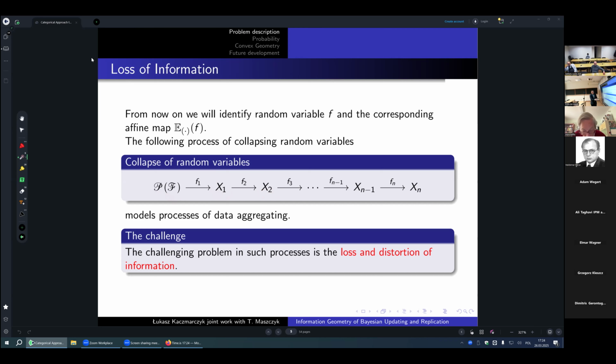Yes, every one of F is an affine map, but this first one is necessarily of this type, while these are just affine maps and we cannot say anything about them. And the challenge that we are approaching is to find a way in such a process to counteract the loss and distortion of information.